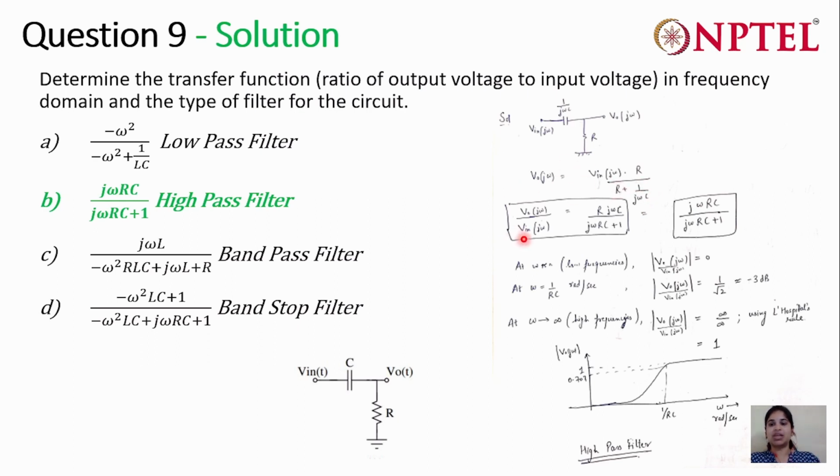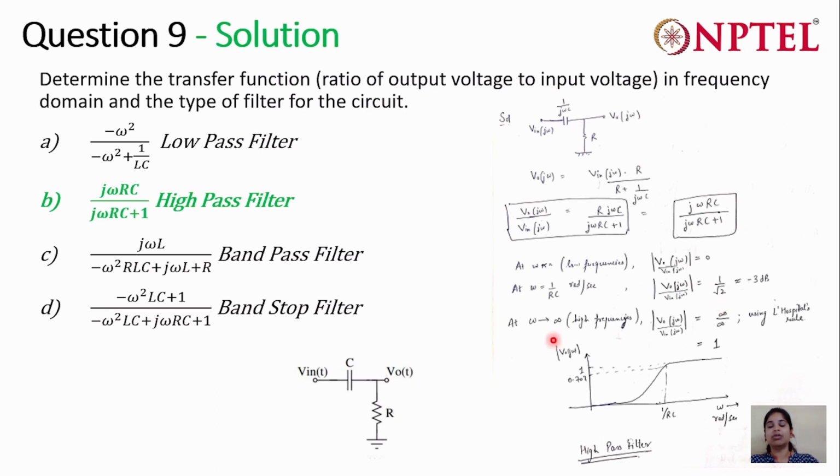Now V naught by Vi, we will get the expression. If I consider low frequencies, where omega is approximately tending to 0, the magnitude is tending to 0. If I take omega as 1 by RC, then the magnitude is 1 by root 2.